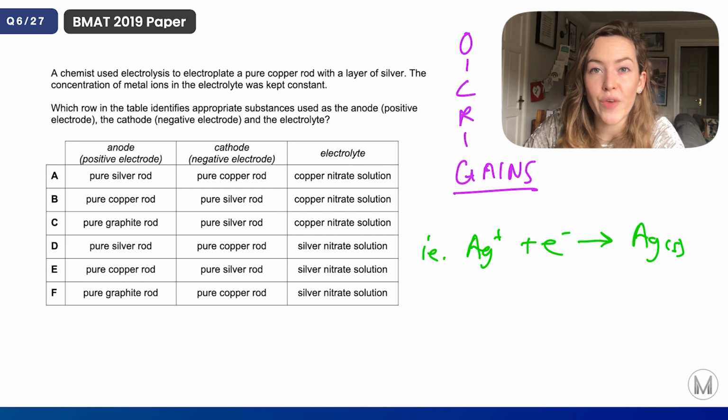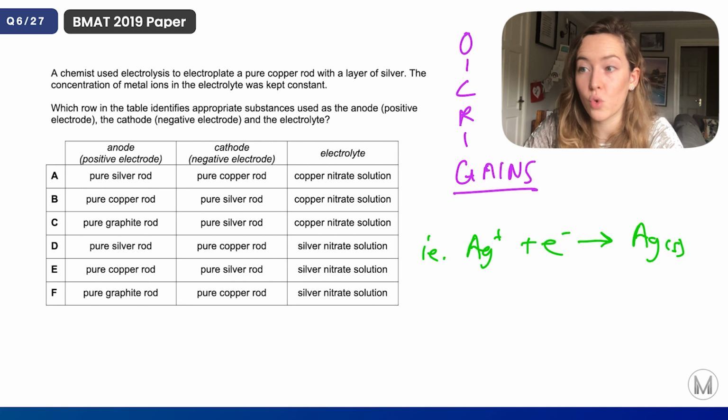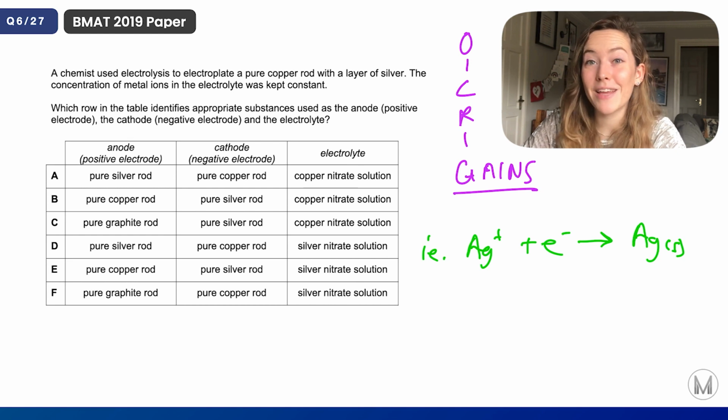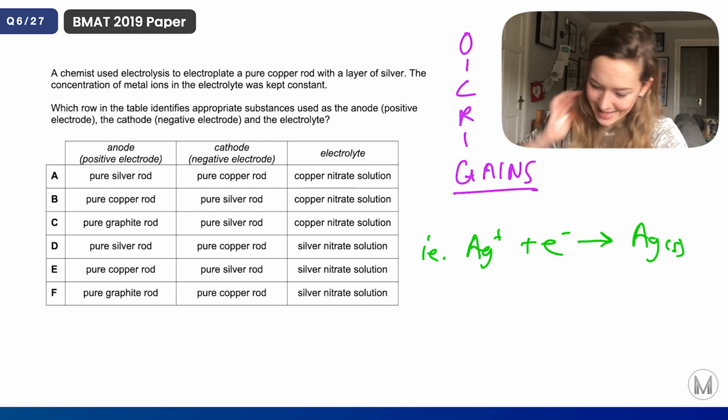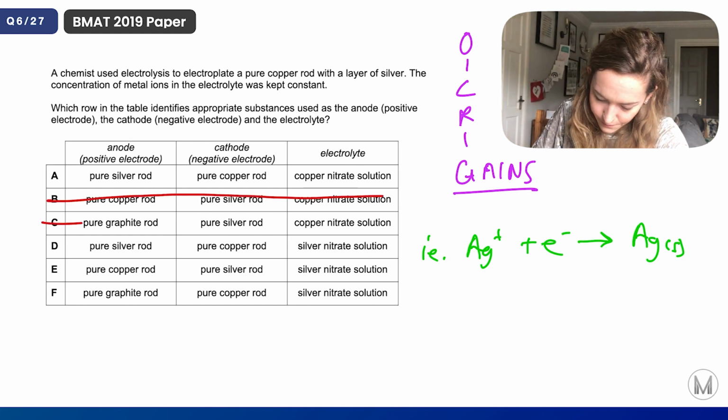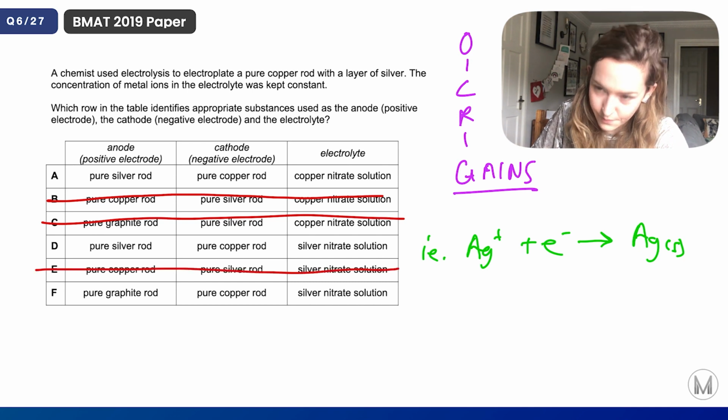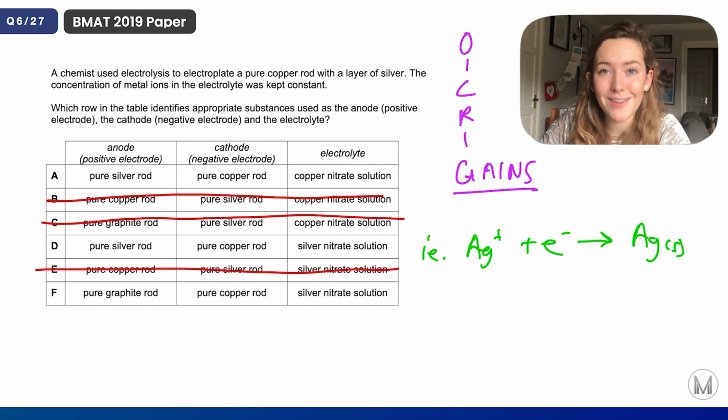This is a reduction reaction, so we know it's going to be happening at the cathode because of reasons we just talked about. So this suggests that the cathode is going to be made of copper. Therefore, we can eliminate options B, C, and E. The positive silver ions must therefore be coming from the anode, which is made of silver.